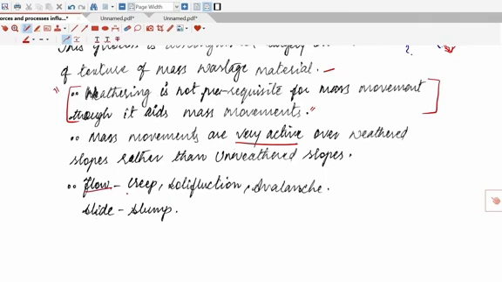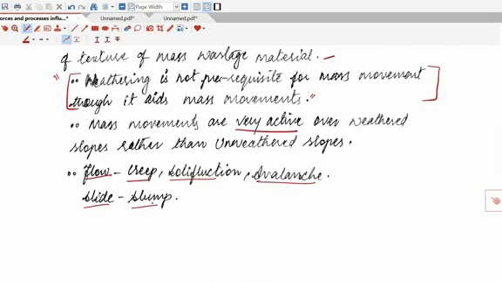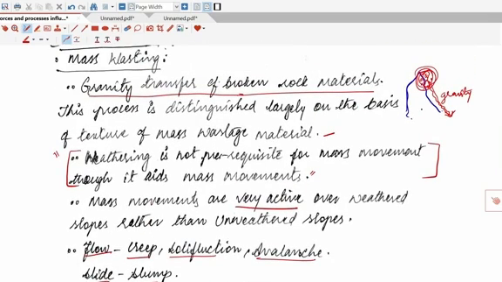Flow is classified into creep, solifluction, and avalanche, and slide, slumps. These are what we have discussed here. If the rock slowly creeps down, we call it creep.